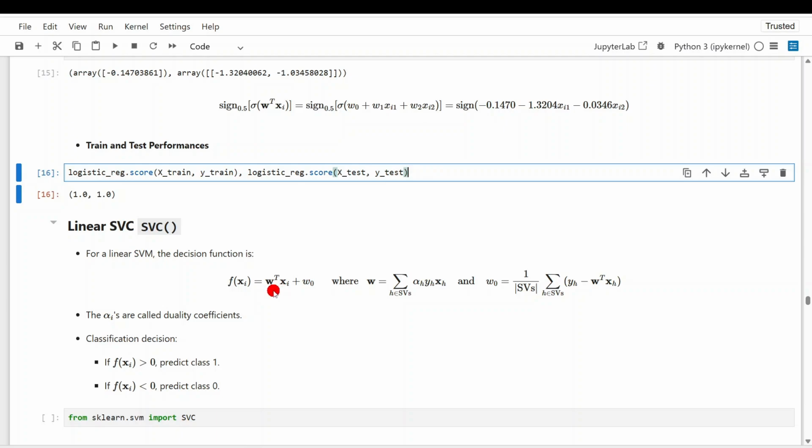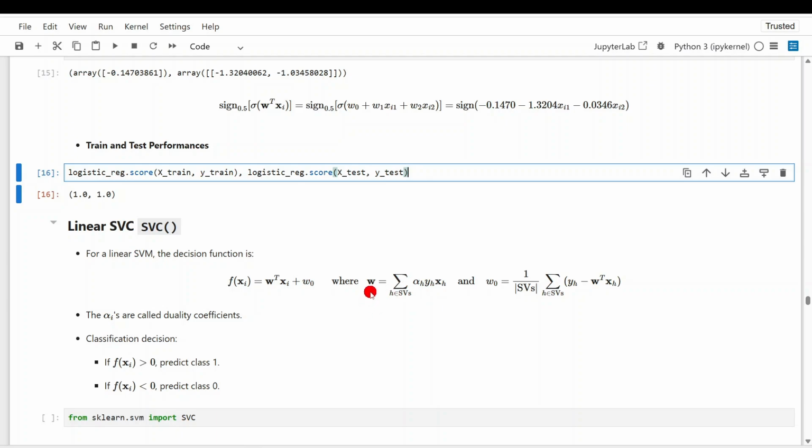The weights can be obtained as the sum of alpha h, yh, xh. Xh is our input data, yh is our outcome, alpha h is called the duality coefficient.